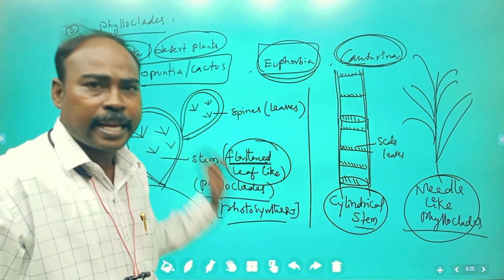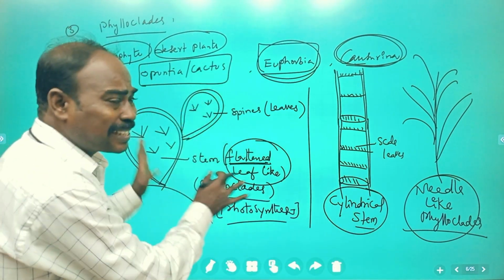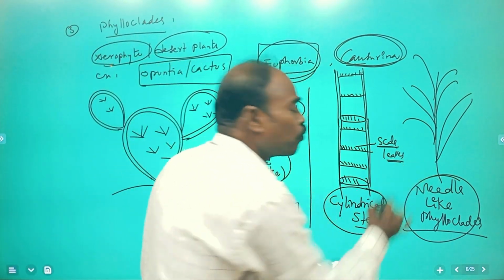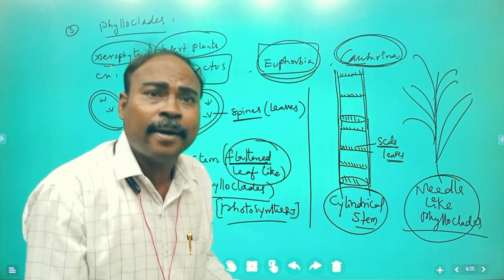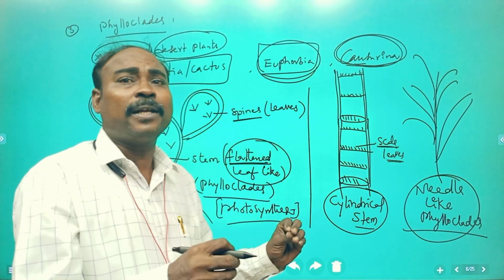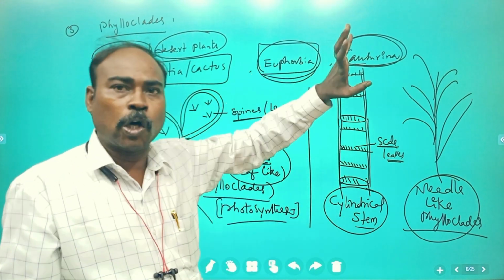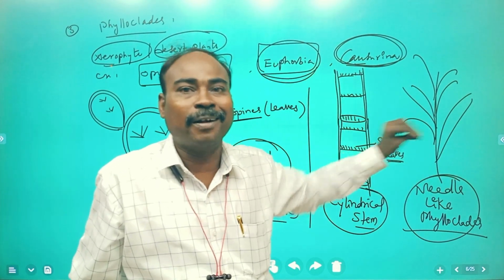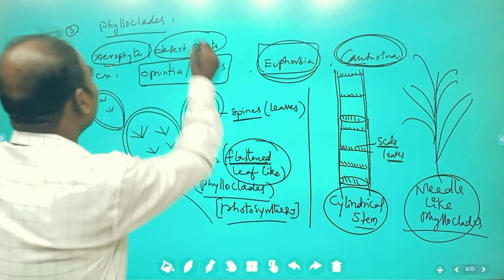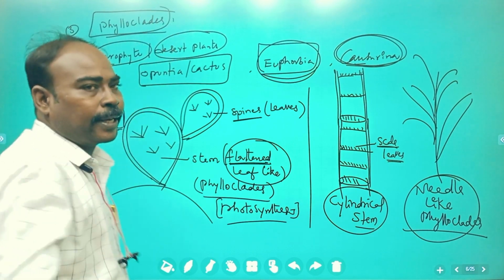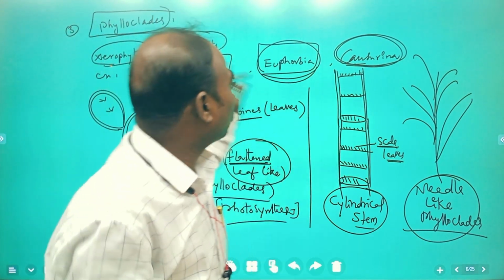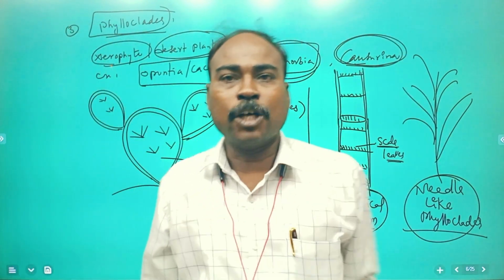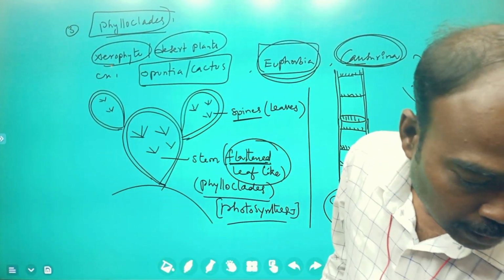Why? Because in these plants the leaves get reduced into spines or scale leaves, to minimize the rate of transpiration, because these plants grow in desert areas. That is about the phylloclade, a very important one. Examples: cactus or Opuntia, Euphorbia and Casuarina.